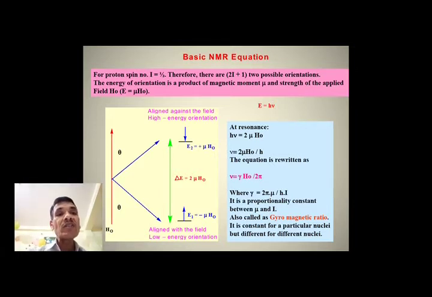The equation is written as nu is equal to rho into H0 divided by 2 pi, where in this equation rho is equal to 2 pi mu upon h into I.